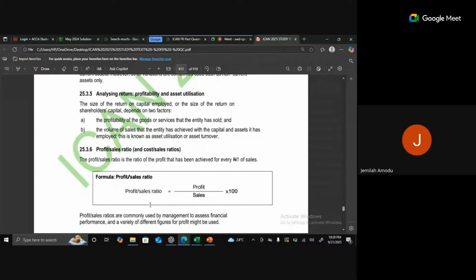So let's move forward. The next one is profitability and asset utilization.